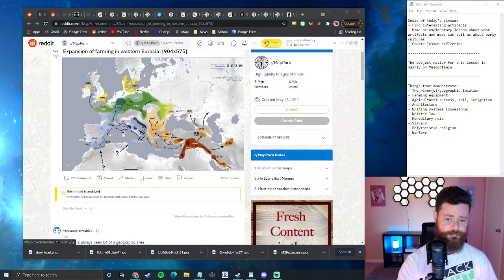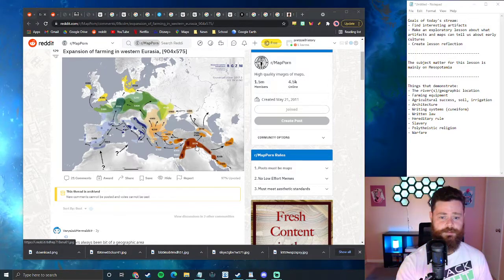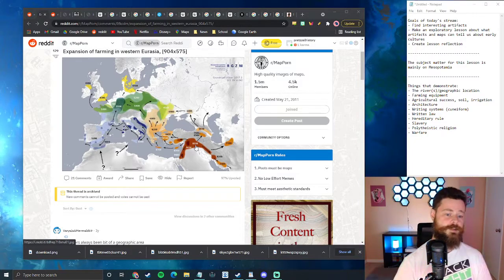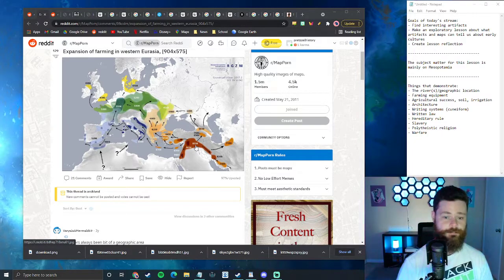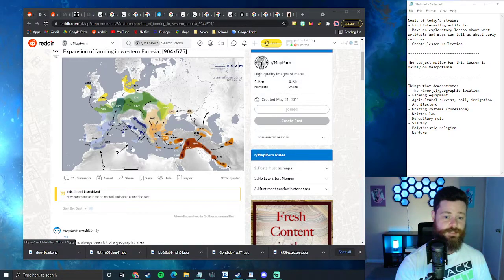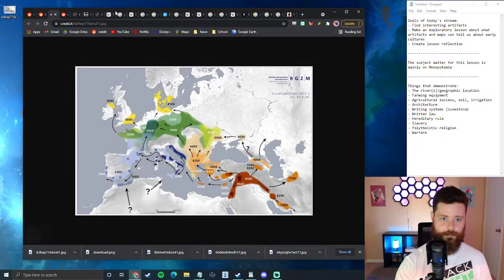And I know there are different finds about settled communities that are still unearthed today, that lead us to alter our understanding of what the earliest settled communities were and what the earliest examples of agriculture were. But I think this is just a handy overall guide just for this area, like the Middle East and Europe. So I'm going to save this, and we're going to talk about it.